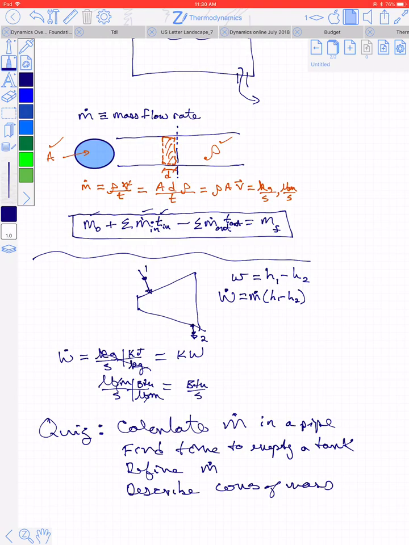Along with that describe, we do some everyday life examples. How about if you think of an example of the conservation of mass that has to do with a car.